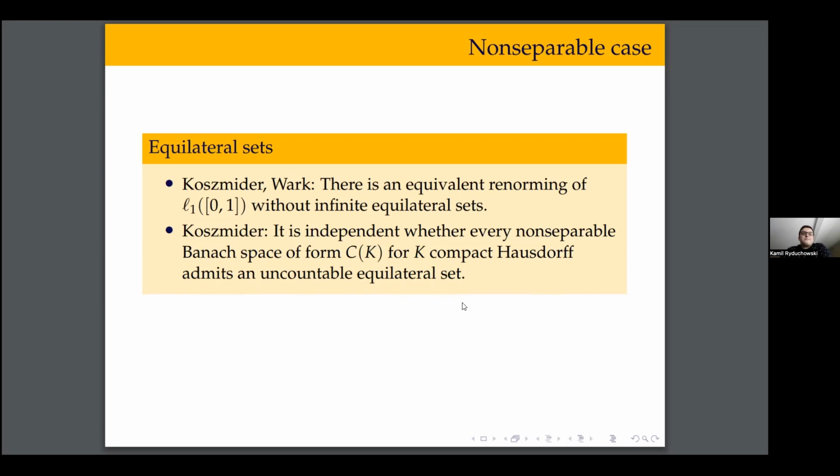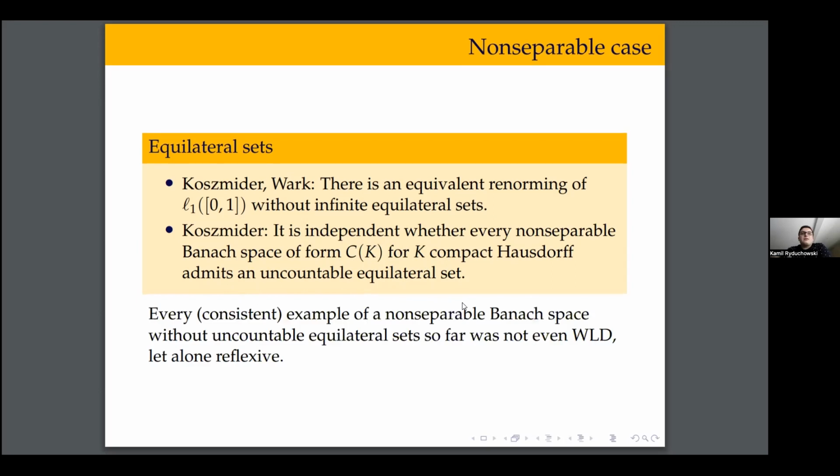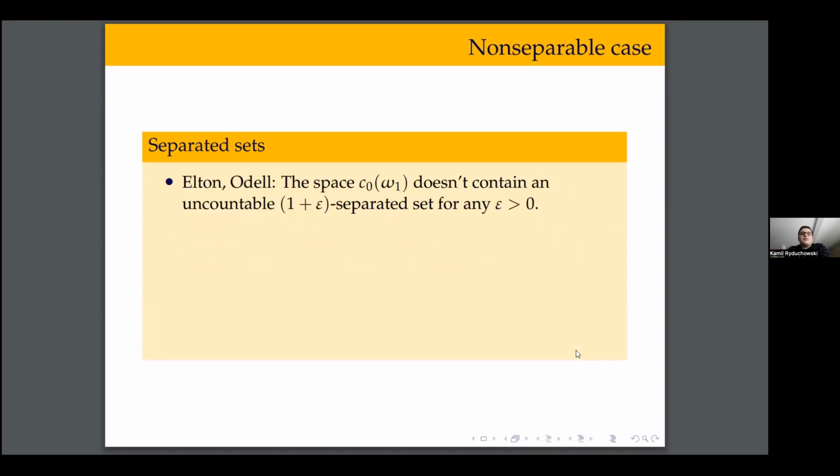What I find kind of provoking is that every consistent example of a non-separable Banach space without uncountable equilateral sets so far was not even WLD, let alone reflexive. And I find it provoking because, let's see what happens with separated sets in this non-separable setup.